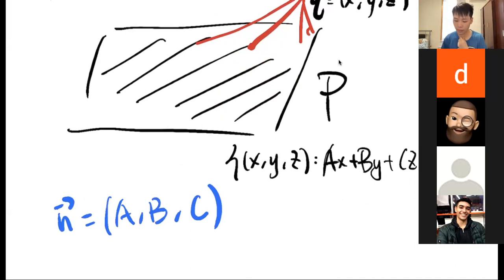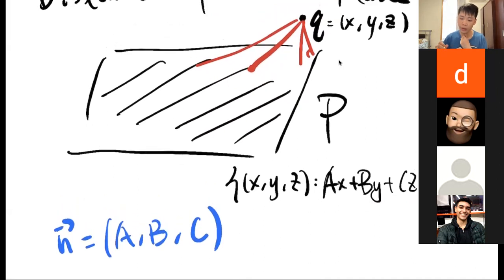And we want the distance between Q and the plane, so that means we want a portion of the normal vector, because the normal vector goes from a point, let's say this is the point x0, y0, z0.